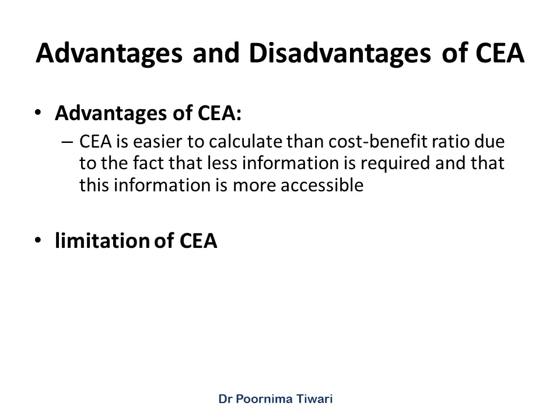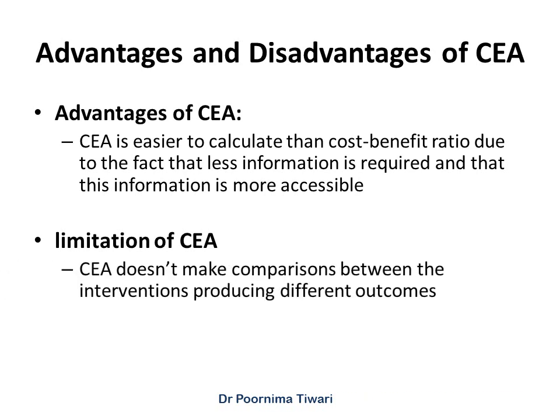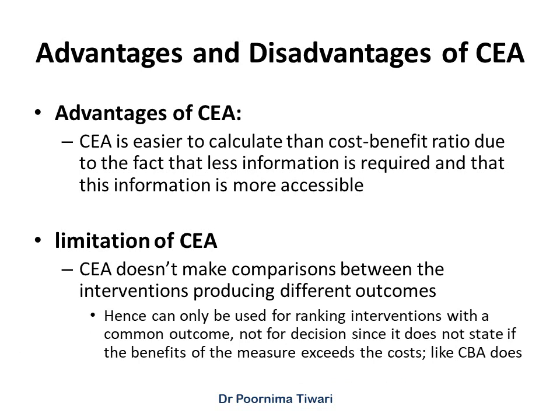So it is easier. The limitation of cost-effective analysis is that it doesn't make comparison between two interventions which have different outcomes, because we cannot compare apples with oranges. So it can only be used for ranking those interventions which produce a common outcome, since it does not state if the benefits exceed the costs.